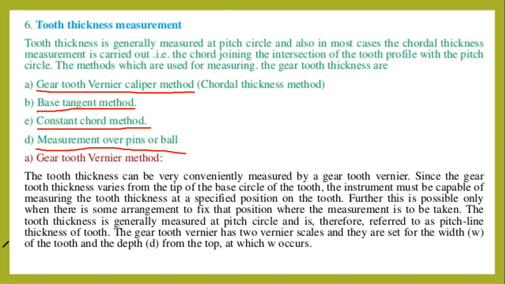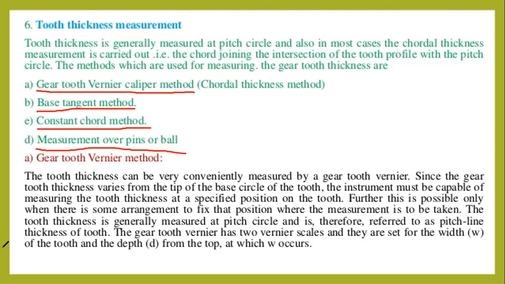Further, the arrangement is then removed after the measurement. The tooth thickness is generally measured at the pitch circle and is therefore referred to as the pitch line thickness of the tooth. So generally these are measured taking the pitch circle as the base.